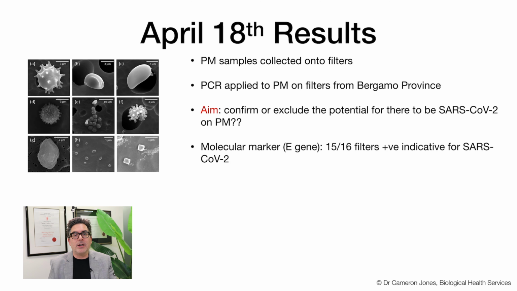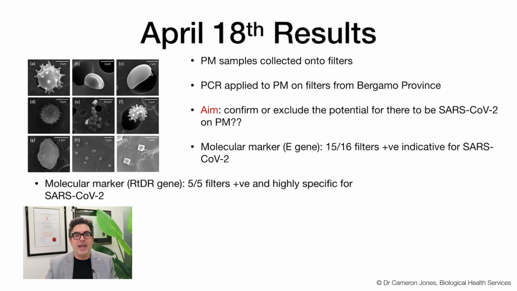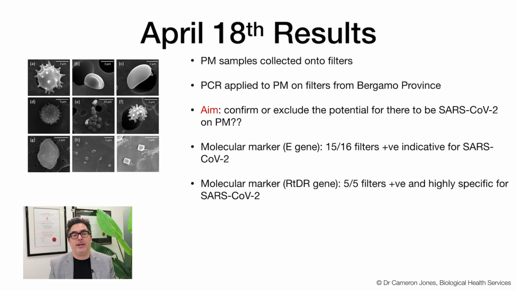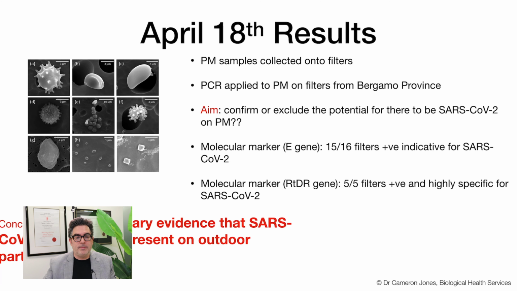So these scientists looked for particular markers, and they looked at something called an E gene, which is defined in their methods paper, but they say that 15 out of 16 filters were positive for the presence of SARS-CoV-2. And then when they looked at another molecular marker, even more connected or correlated with SARS, they found that 5 out of 5, or 100%, of the filters containing this particulate matter have SARS-CoV-2.